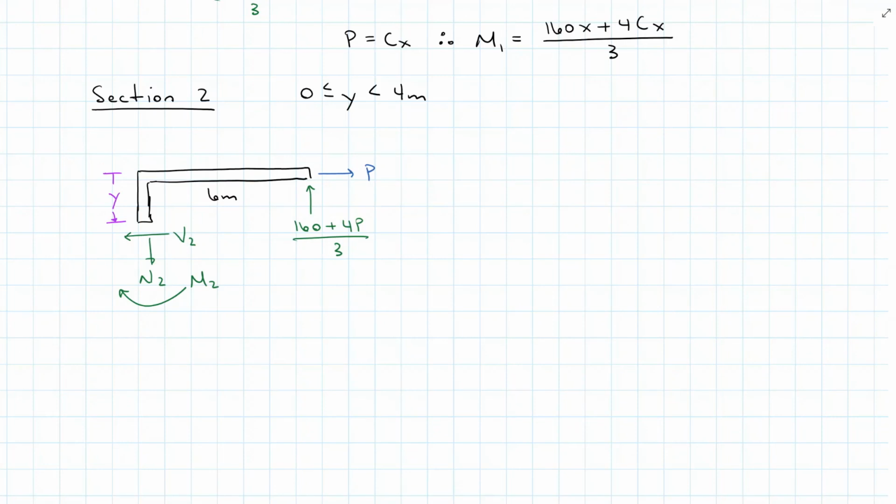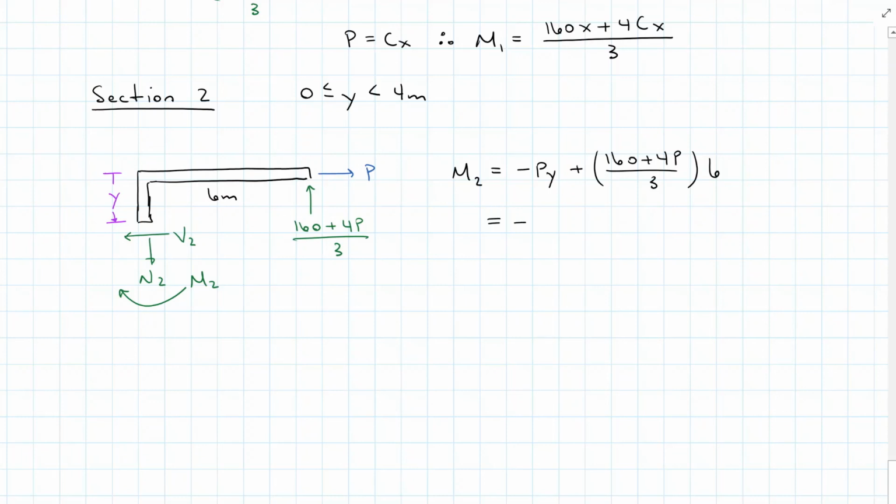Setting up section 2, which represents the top half of my y from 0 to 4 meters, I solve for moment 2 is equal to minus Py plus 160 plus 4P divided by 3 times 6.